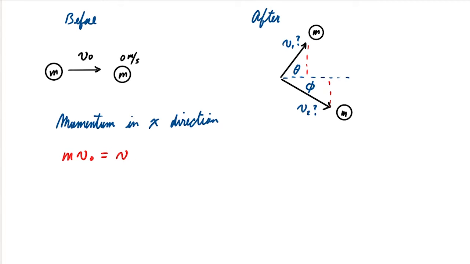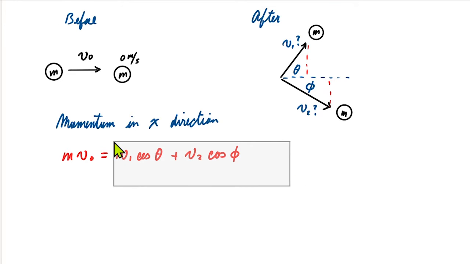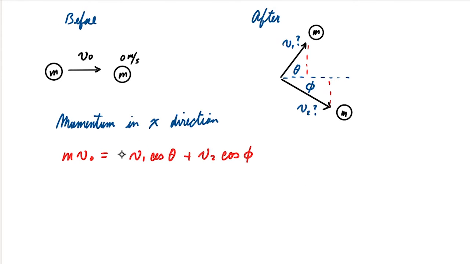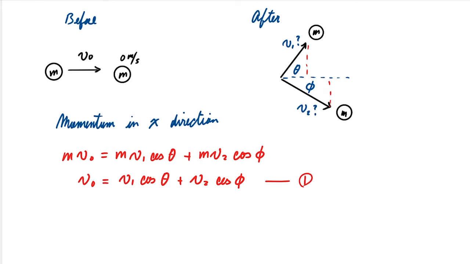So this is equal to m v1 cosine theta plus m v2 cosine phi. But the m's cancel, so we have v naught is equal to v1 cosine theta plus v2 cosine phi. I'm going to call this equation 1 for now.